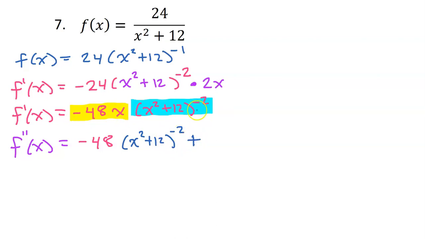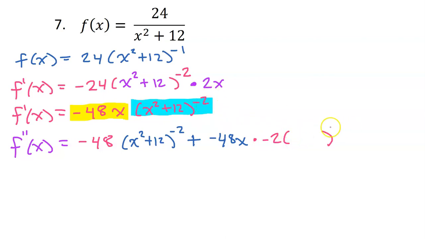Now I'm going to go through it again. The second time through, we leave the first function unchanged. So I'm just going to put negative 48x, and then we multiply by the derivative of the second function. So here comes the chain rule though, so I'm going to do negative 2 in the front.